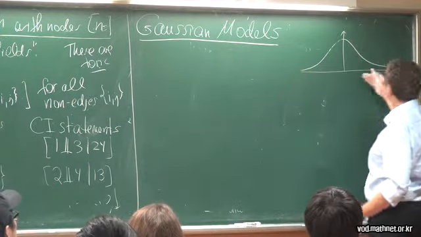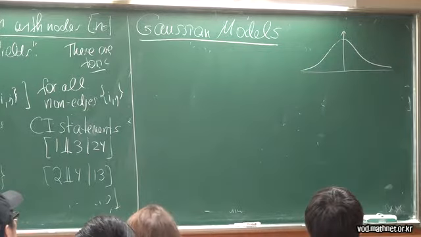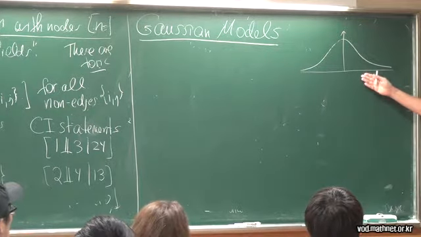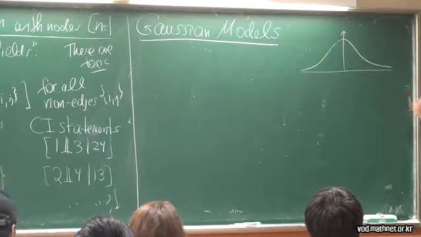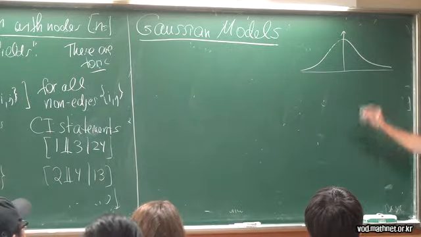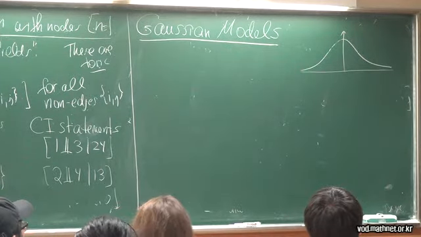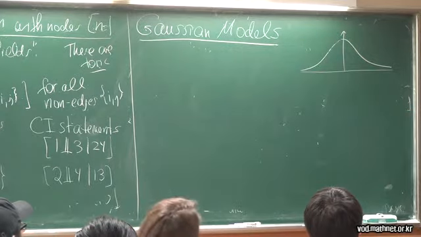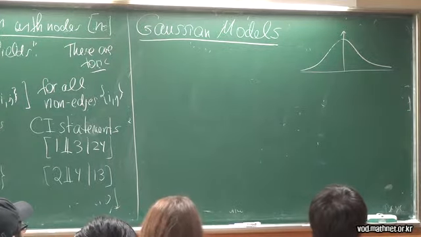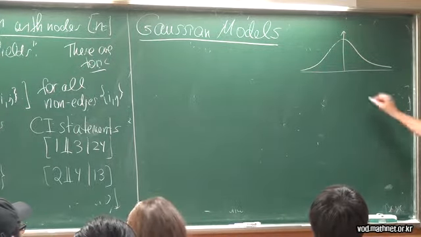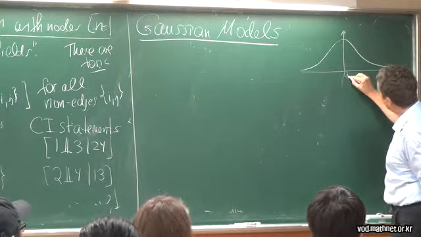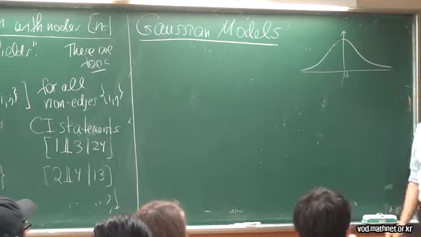Even in high school, right? If you ever take statistics, then you see this picture. Okay? So what is this picture? This is the real line, R^1, and this is the density function of some distribution on the real line. Now, there are two parameters in this model. Mu is the mean.